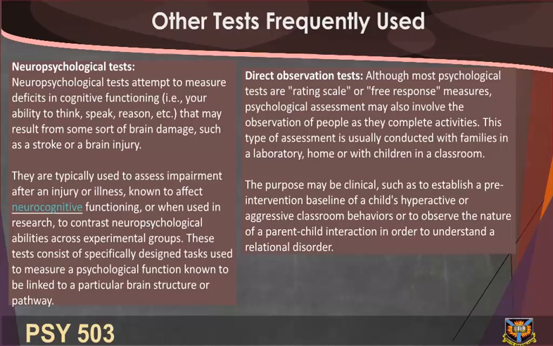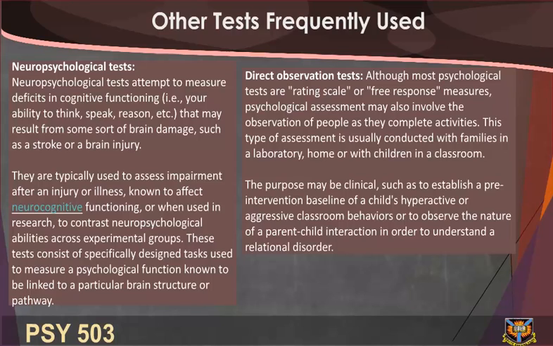They are typically used to assess impairments after an injury or illness known to affect neurocognitive functioning, or when used in research to measure neuropsychological abilities across experimental groups. These tests consist of specifically designed tasks used to measure a psychological function known to be linked to a particular brain structure or pathway.